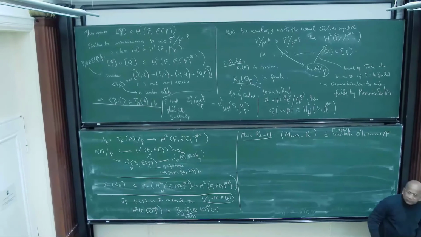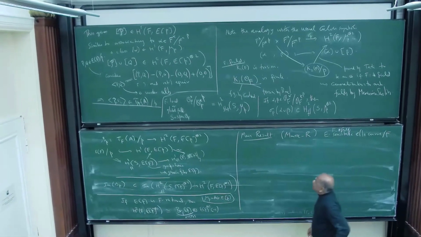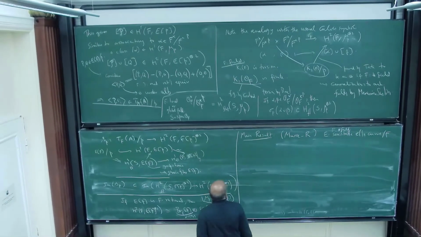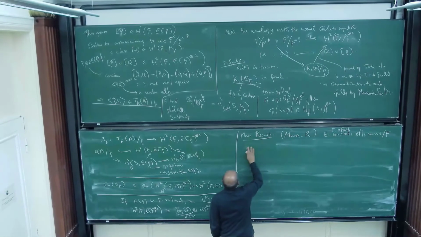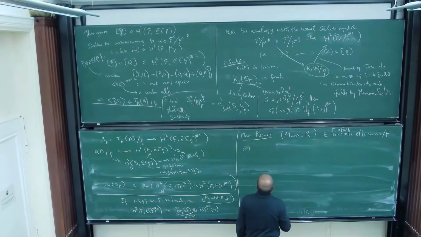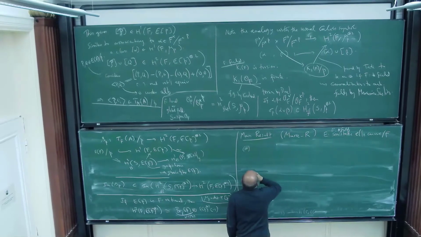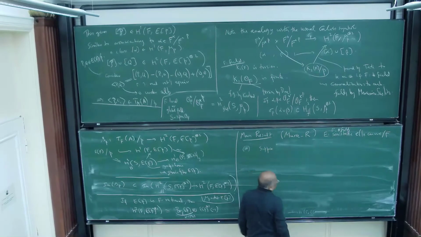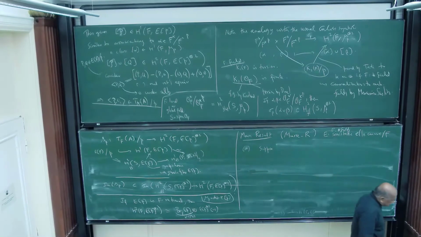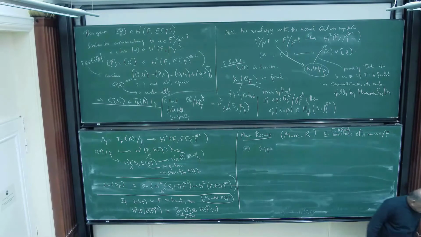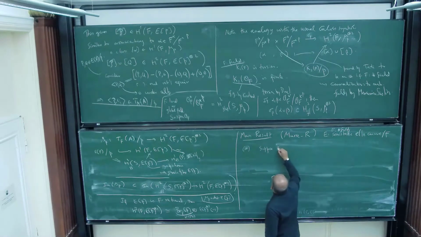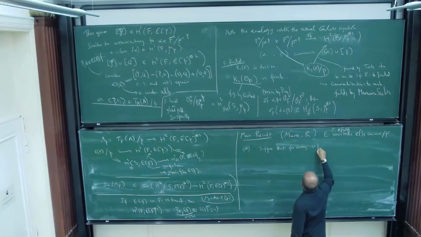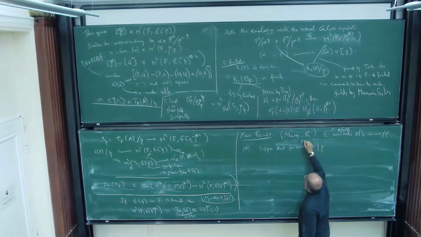Okay, so what are the steps here? The first thing is that, suppose that for every place v dividing p, again, let's assume p is an odd prime.